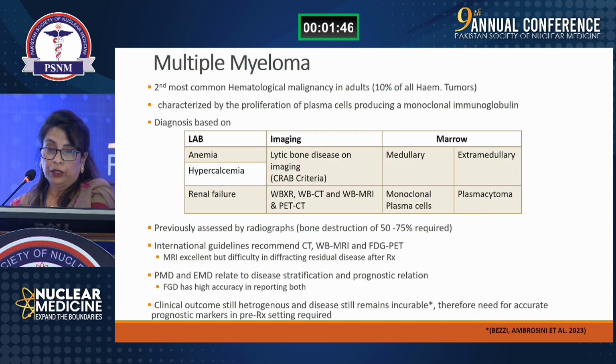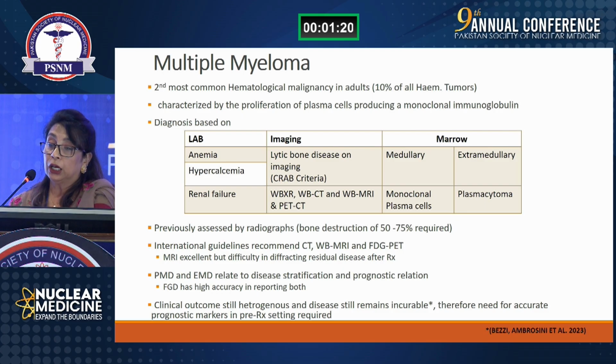Now, multiple myeloma. Multiple myeloma is the second most common hematological malignancy, and it is characterized by the proliferation of plasma cells producing monoclonal immunoglobulins. It is diagnosed with labs showing anemia, hypercalcemia, renal failure, and imaging showing lytic bone disease, with whole body X-ray, CTs and MRIs, and of course PET CT.